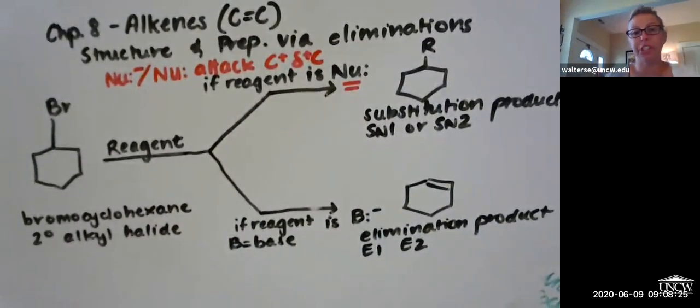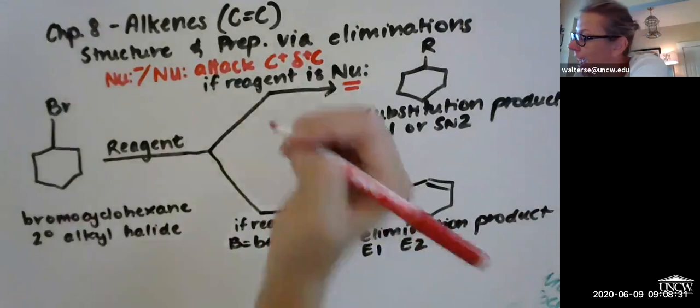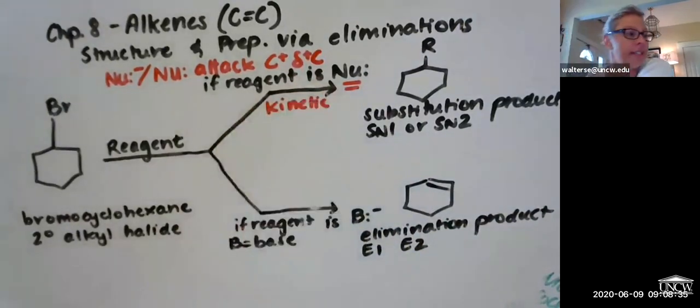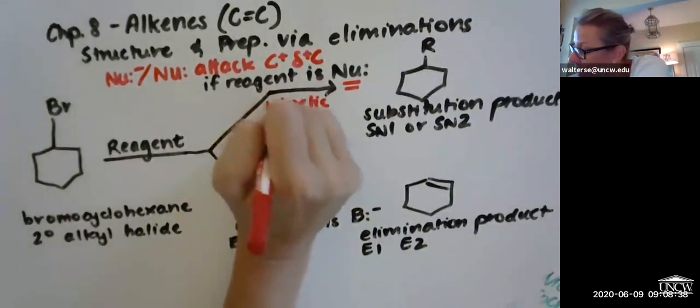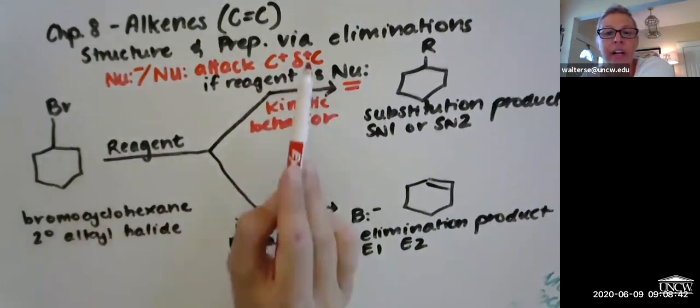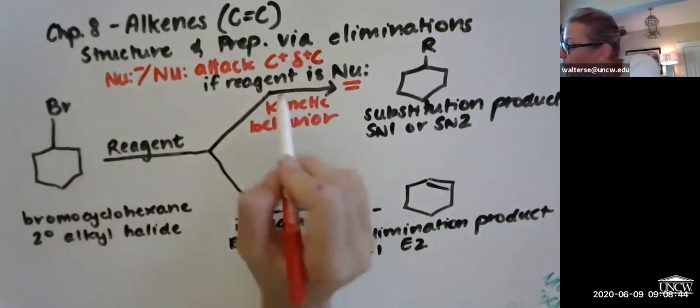Okay. That's their job, to attack a carbon. When your job is to attack a carbon, this is a kinetic effect or kinetic behavior. How quickly does your nucleophile attack your carbon sites?